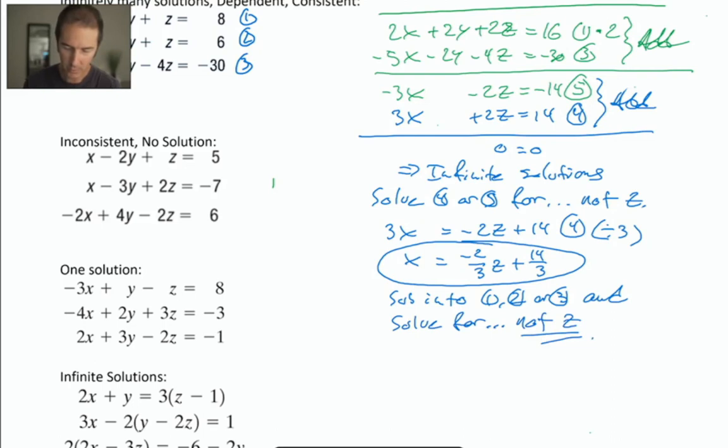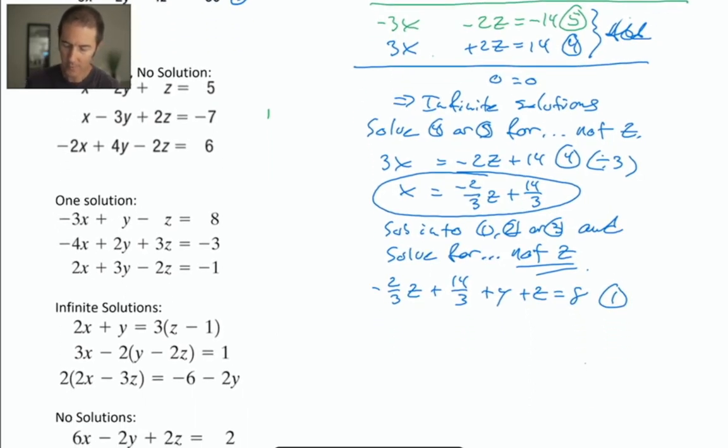Okay, let's plug this into equation 1. So my new x value is negative 2/3 z plus 14/3. And then in equation 1 it says plus y plus z equals 8. That's equation 1. Now we're going to solve this thing for y.